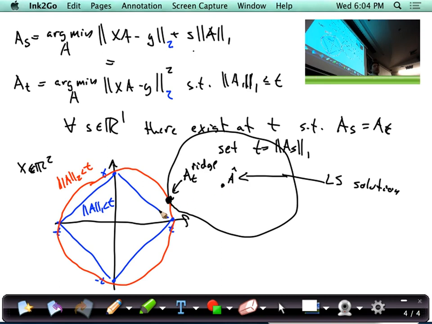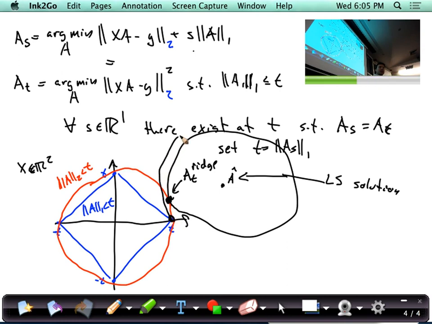It's the closest point, which means the smallest ball that touches this restricted area setting. So this is a solution that lies within a radius t L2 ball, but this is not a valid solution for the lasso. To get a valid solution for the lasso, I'm going to end up finding a solution here.